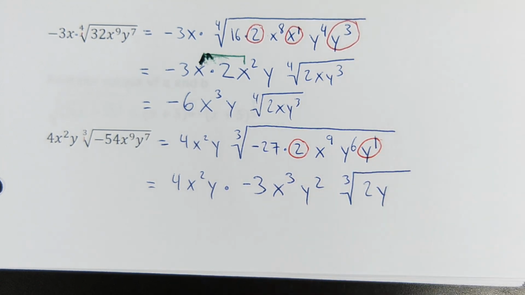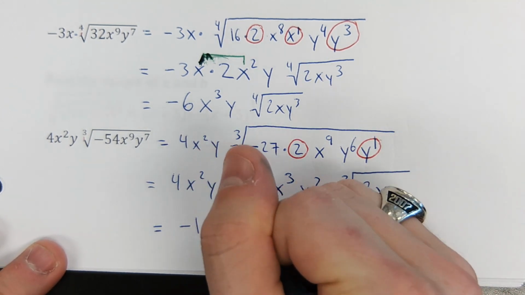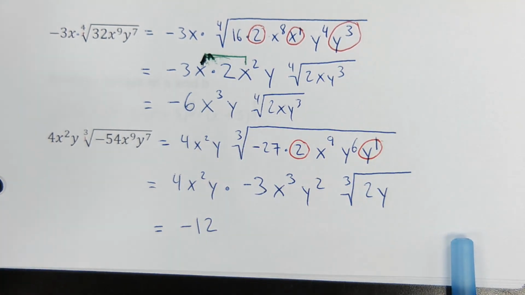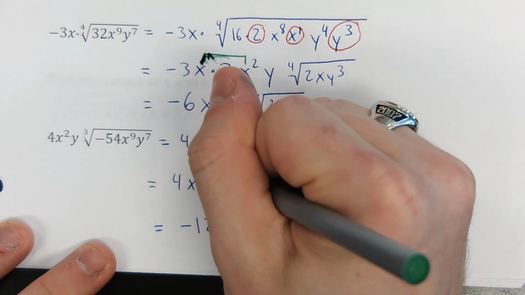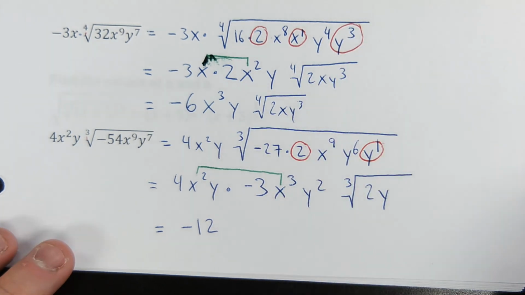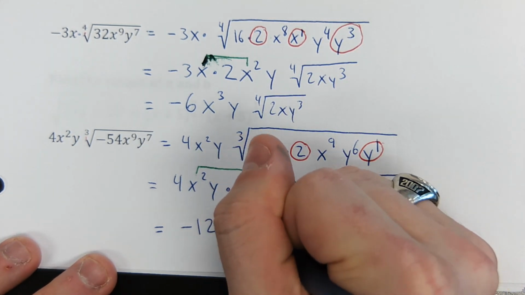Yeah, and you don't have to write the 1. Now, if you write it, you're not wrong, but I'm not going to write the 1. And all we need to do now is multiply here. Again, there's no distribution, it's just multiplication. So we do 4 times negative 3, which is negative 12. Let's see if I can use my green pen without it exploding. We add those exponents because you're multiplying numbers with the same base, so x to the 5th.